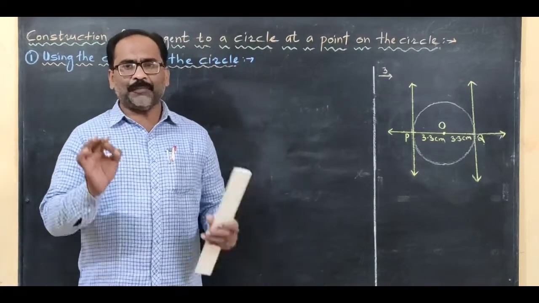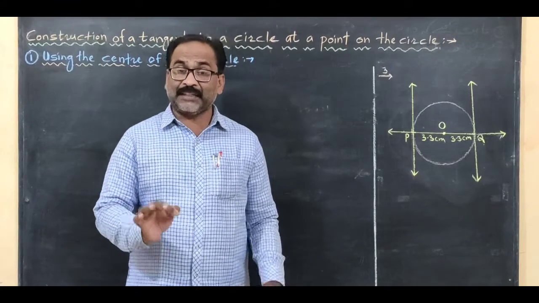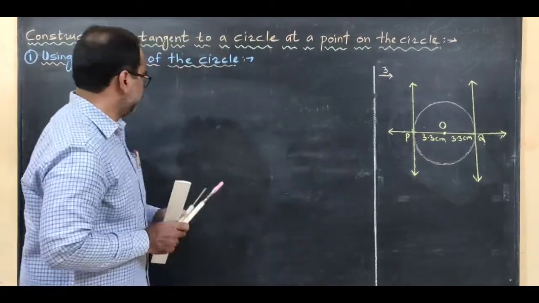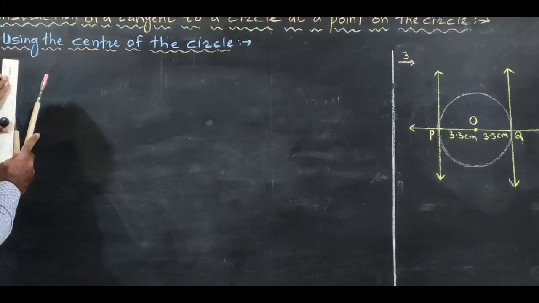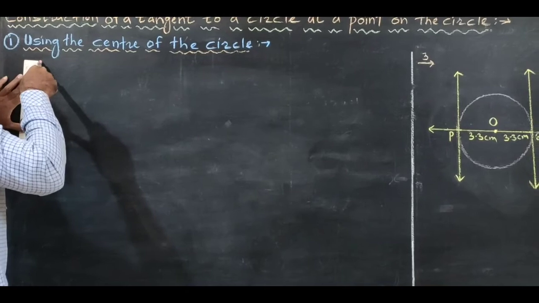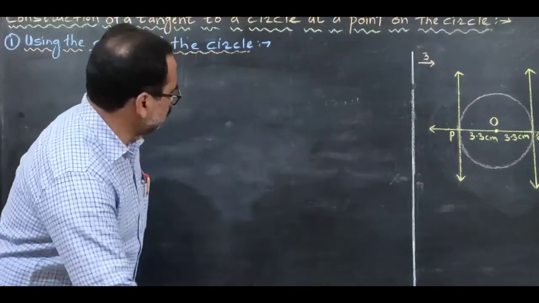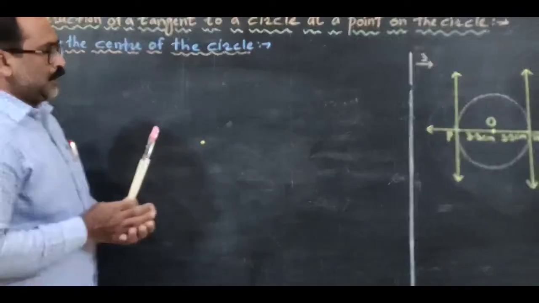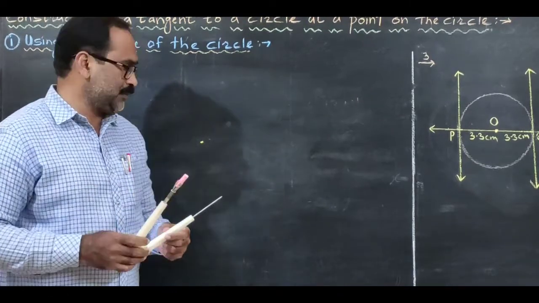To draw our main figure, we take the distance of radius, means 3.3 centimeter in our compass. This is the distance of radius I take in the compass.